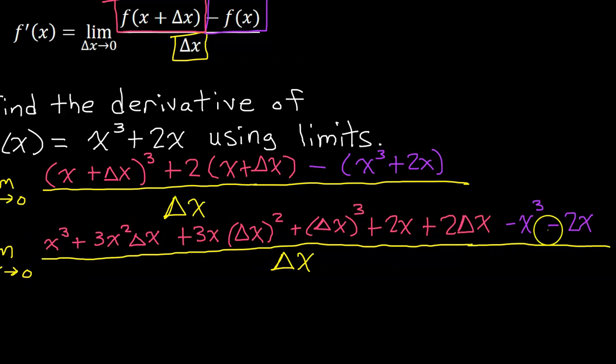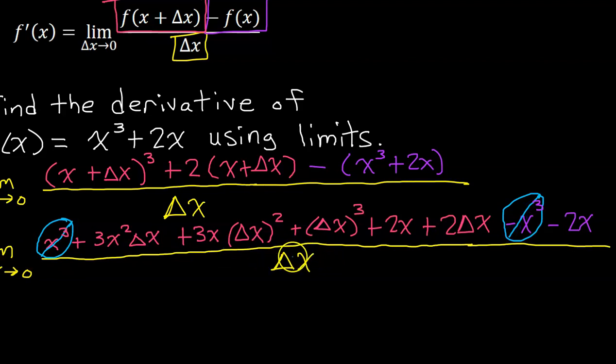Scan across this mess looking for things that might cancel out. Do you see anything? Well, I'm noticing that I have x to the third power right here, and then I have negative x to the third power right here. That is great. I can cancel those out because I'm tired of all of these characters. I want to get rid of some of this, clean it up a bit.